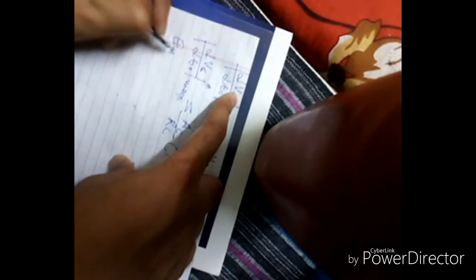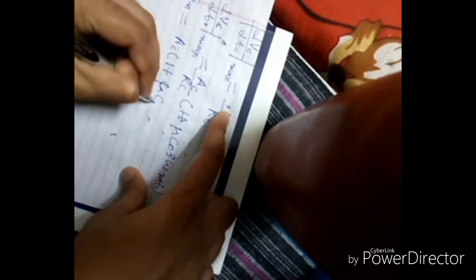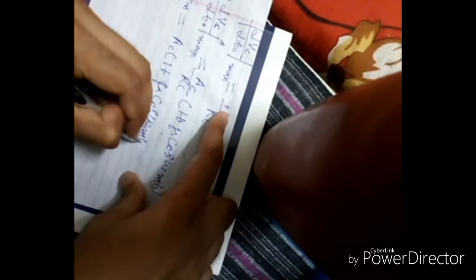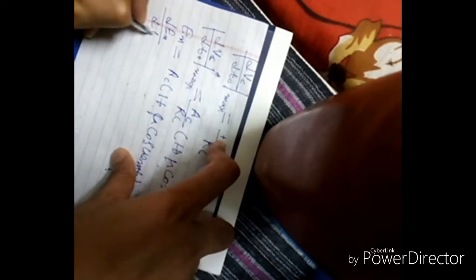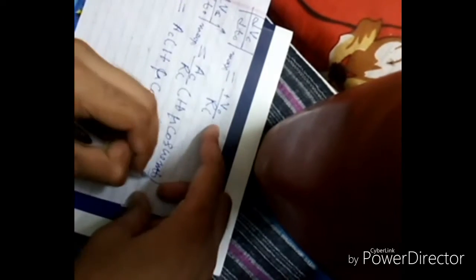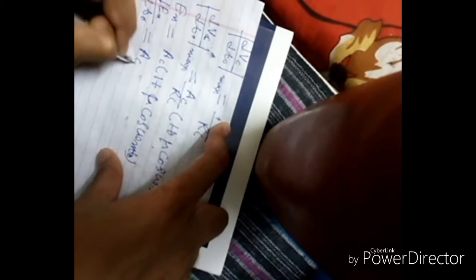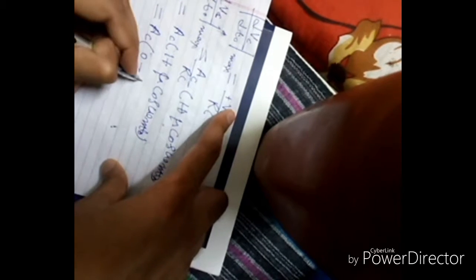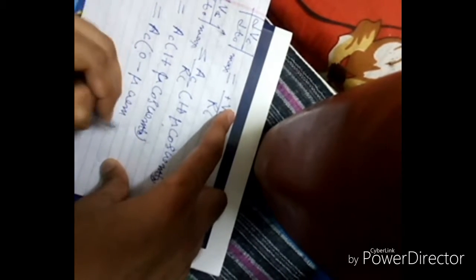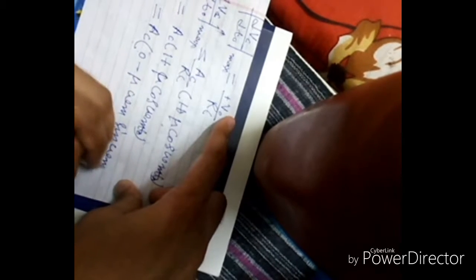As I know, my envelope En is equal to Ac into 1 plus mu cos omega m t. So dEn by dt at t equal to t naught is Ac into 0 minus mu omega m sin omega m t.